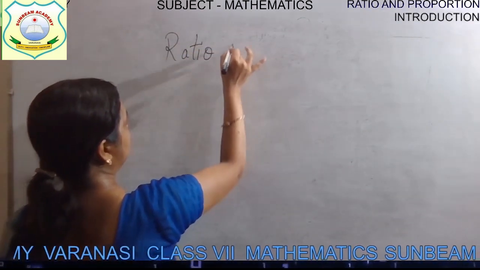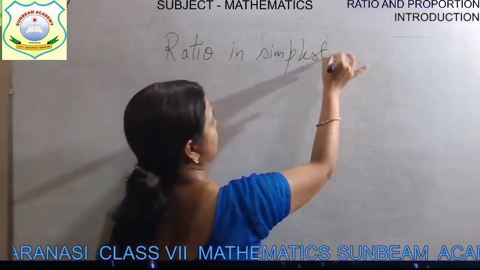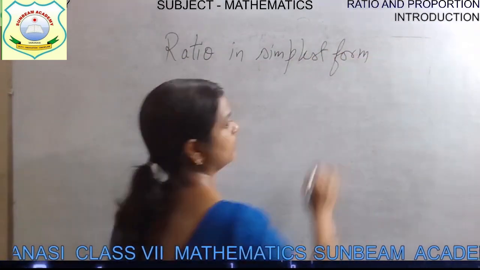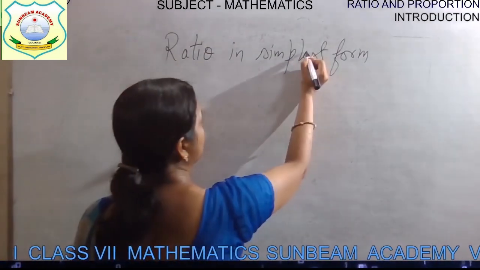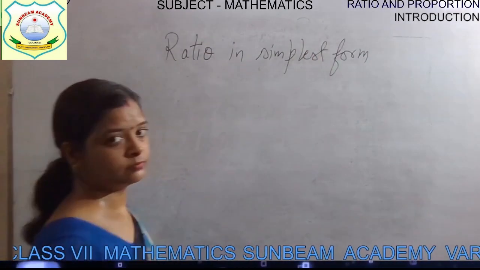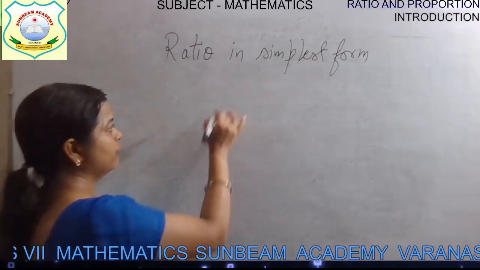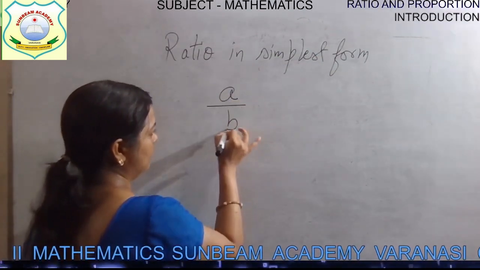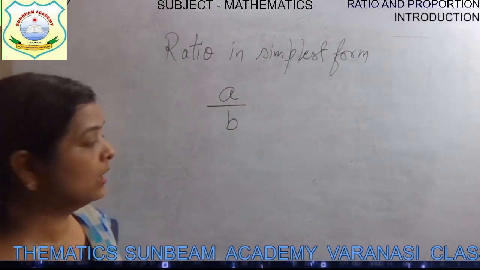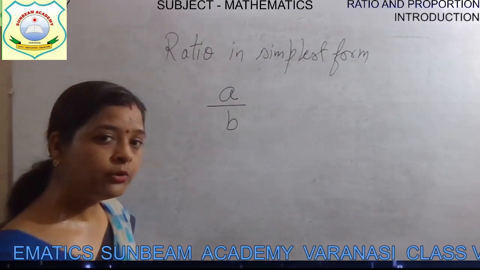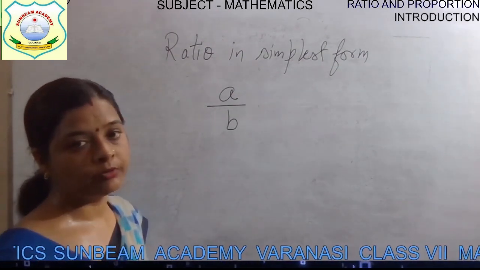How can you obtain the simplest form? If the ratio is given, how can you achieve that result? If you have a ratio a by b, how can you convert this into simplest form? Children, what do we have to do?